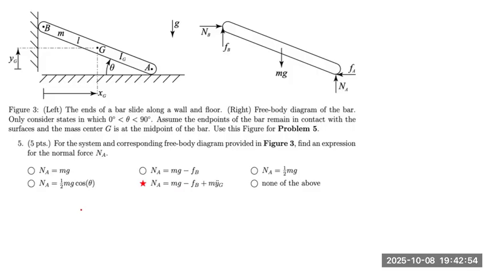So how we do that is we sum the forces in the y direction, and the sum of the forces should be equal to the motion in the y direction, which is going to be yg. That's the displacement in the y direction, and the acceleration will be if we differentiate the motion two times, which is going to be y double dot g.